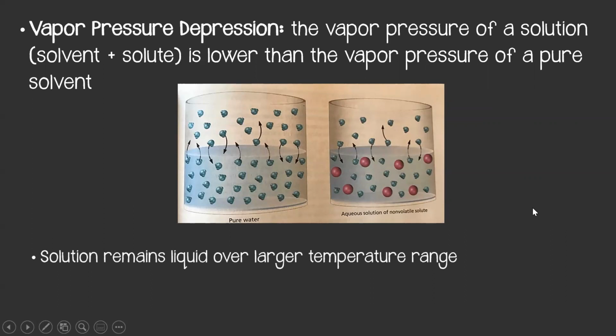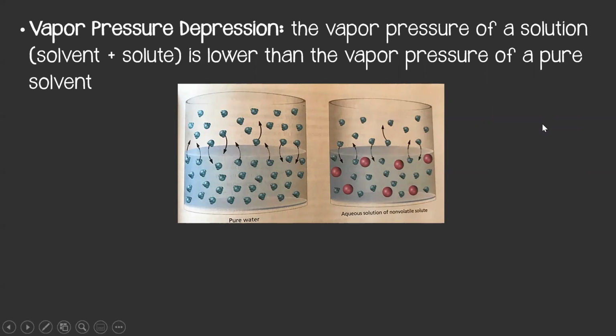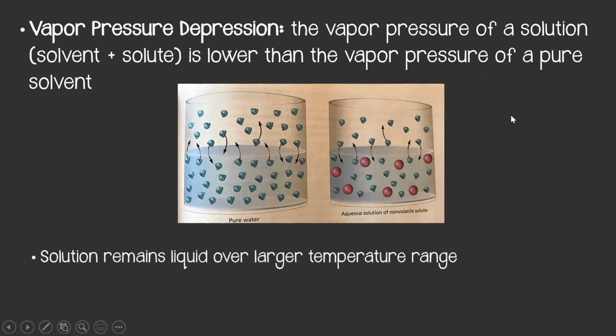This also means that the solution will remain a liquid over a larger temperature range, because it isn't as keen to move to the gaseous phase, so the full change of state from liquid to gas will not take place at the normal temperature it would. If water evaporates at its normal temperature, the normal boiling point of water is 100 degrees Celsius or 212 Fahrenheit.